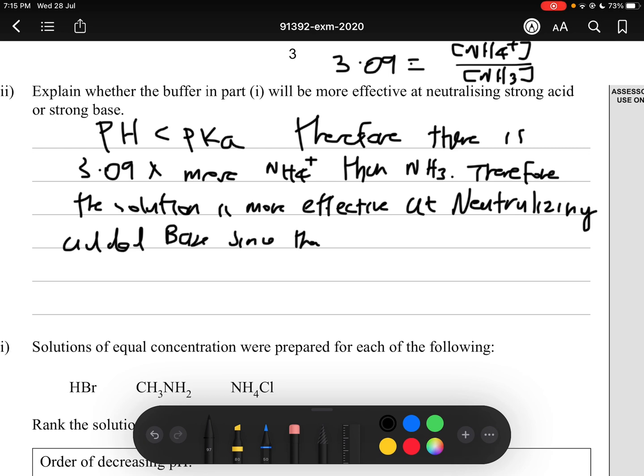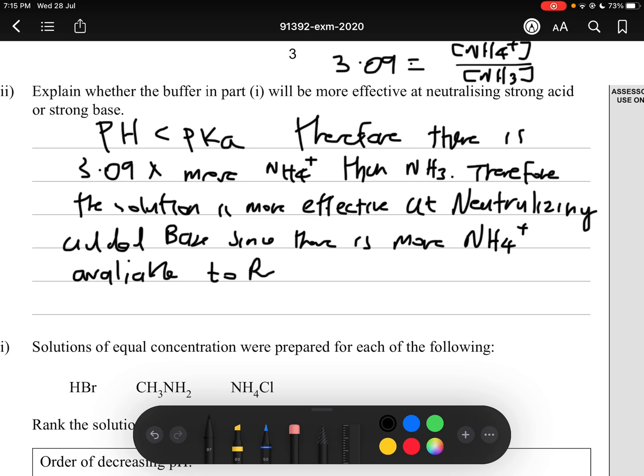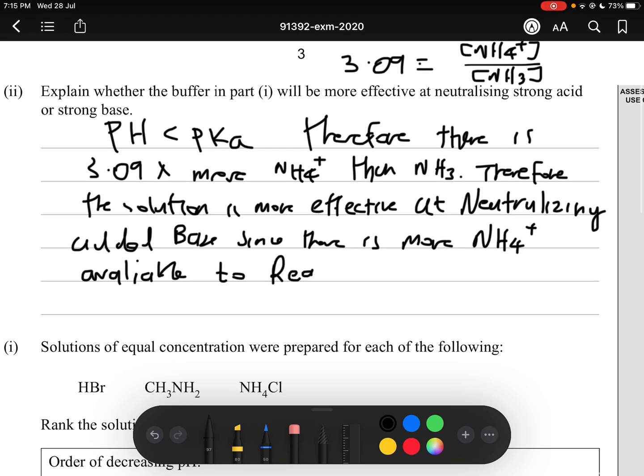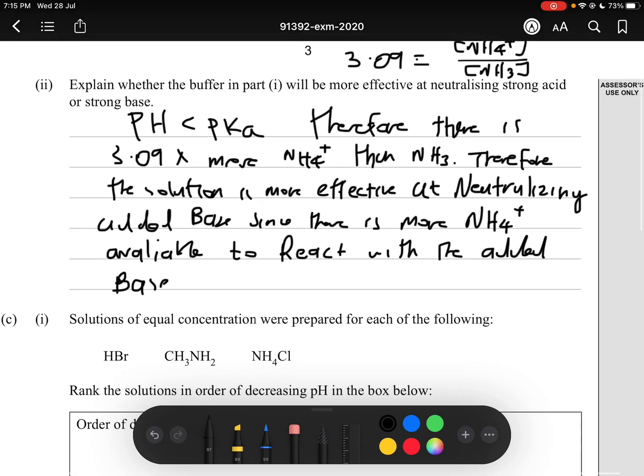Since there is more NH4 plus available to react with the added base. Obviously, this is for small volumes of added strong base.